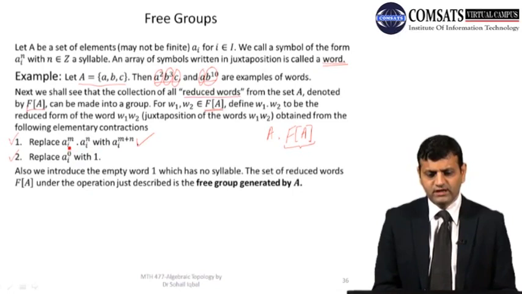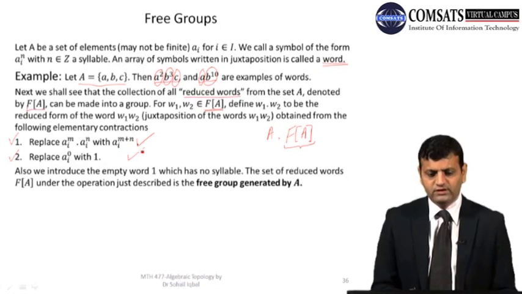If there is an element a_i raised to power m multiplied by a_i raised to power n, then it is the same as a_i raised to power m plus n. And similarly, replace a_i raised to power 0 with 1.